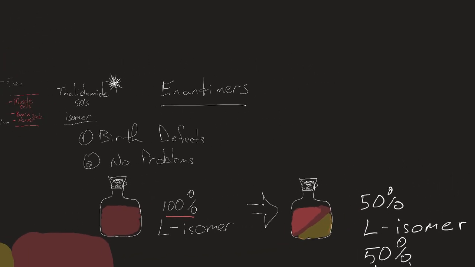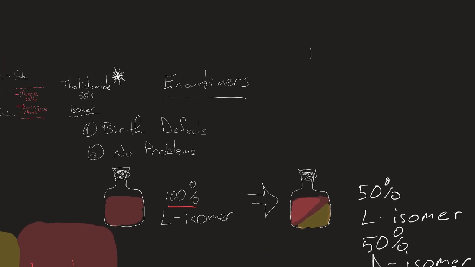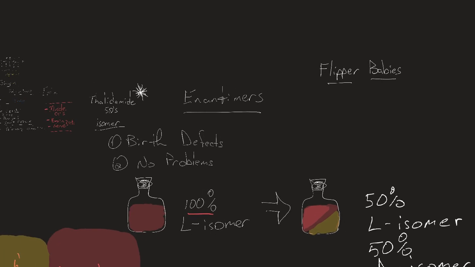And the sad name they gave a lot of these kids is flipper babies, babies being born with either no limbs or limbs that resemble flippers. It's a horrible name. I don't even like to say it, but you'll read about it if you look at the history.